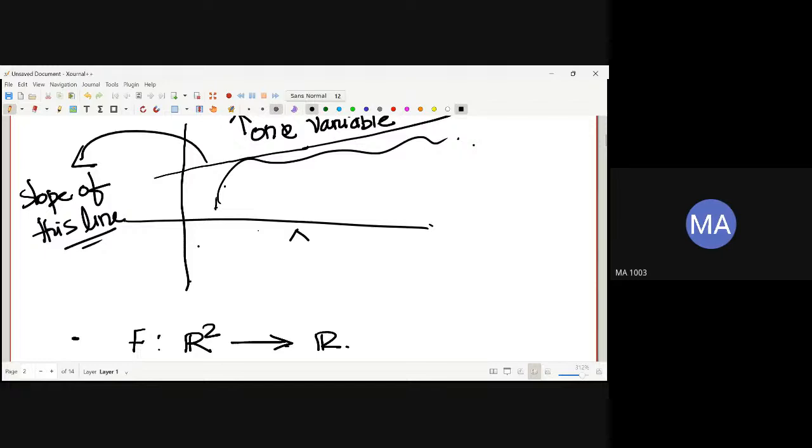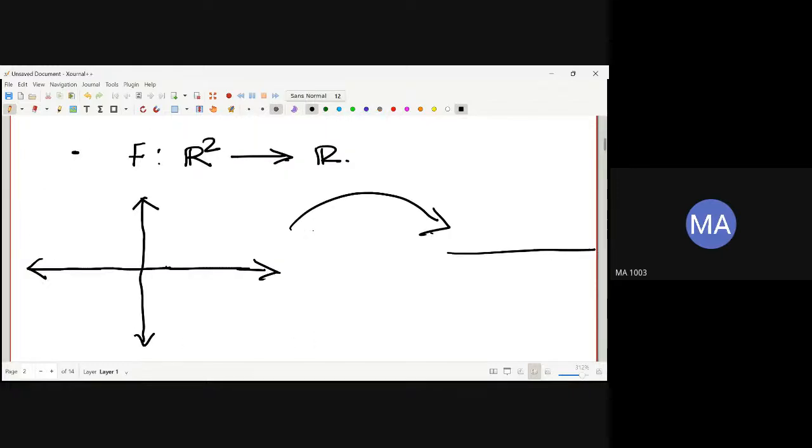But when you are considering a two variable function, here you have two variables. So this is your y, and this is your x, right? So you can talk about the derivative of the function with respect to y and with respect to x, right?